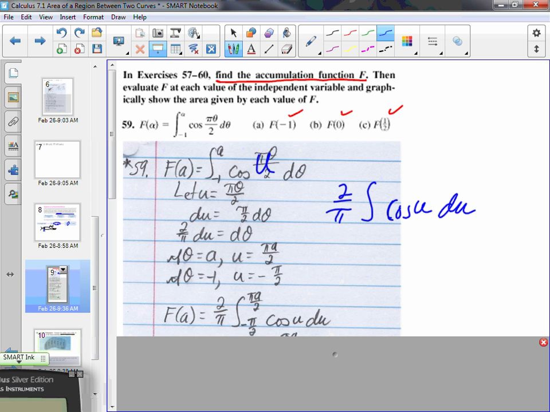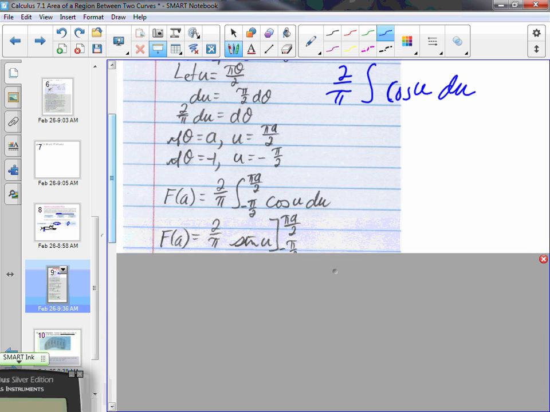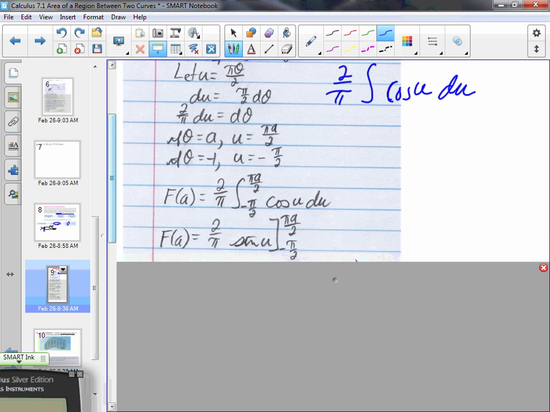All right, that's halfway complicated. Y'all follow me? Okay. What's the integral of cosine u du? Sine of u. Plus c usually. Plus c this time? No. So capital F of a equals 2 over pi times the sine of u evaluated from -pi over 2 to pi a over 2.